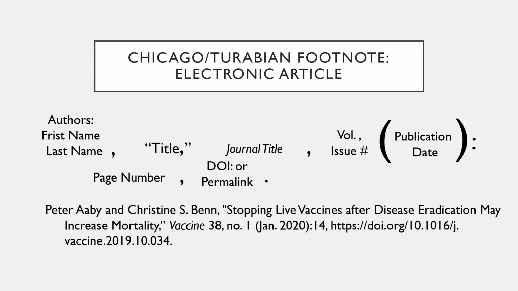I have Peter A. Abbey and Christine S. Bean, comma, the title, which is again how a normal title is, not sentence case, in quotations, followed by a comma, and then you have the title of the journal, which is Vaccine, italicized, with volume 38, and then you do have number 1 for the issue number, and then you do Jan 2020, and then you do 14, and then you do have the HTTPS in front of the DOI, and then you have that DOI there.